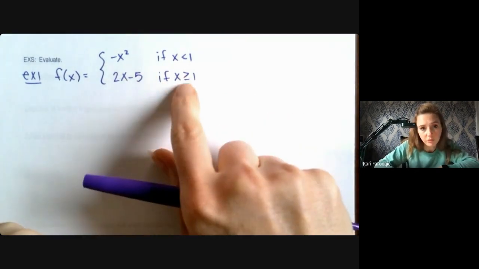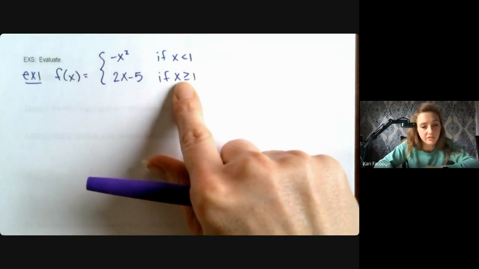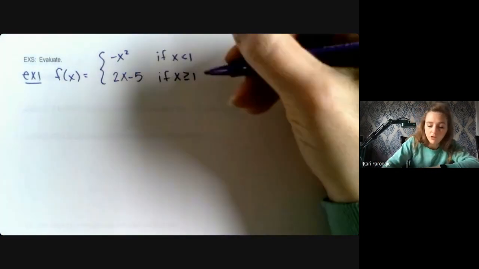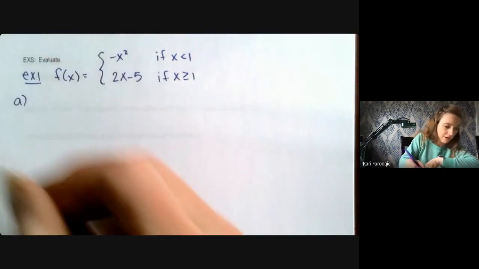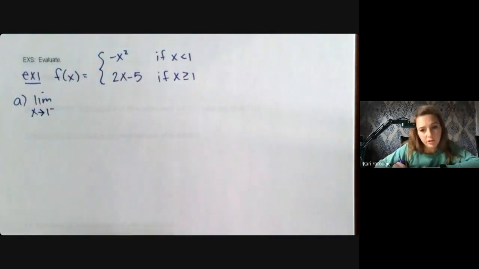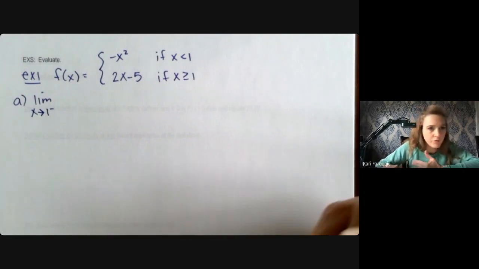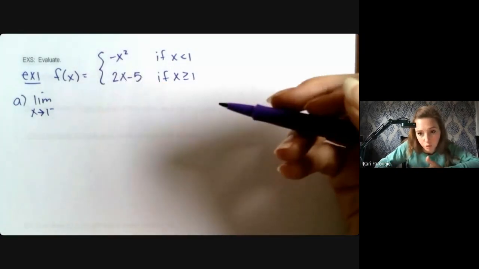We really just need to focus on places where we might have issues at this cutoff point. So the boundary point would be 1. Therefore, I'm going to ask you questions about the limit as x approaches 1. It's not going to be interesting for me to ask you questions about the limit as x approaches 0 or 2 or 5 or 1,000,000. It doesn't matter because these are continuous functions everywhere else.